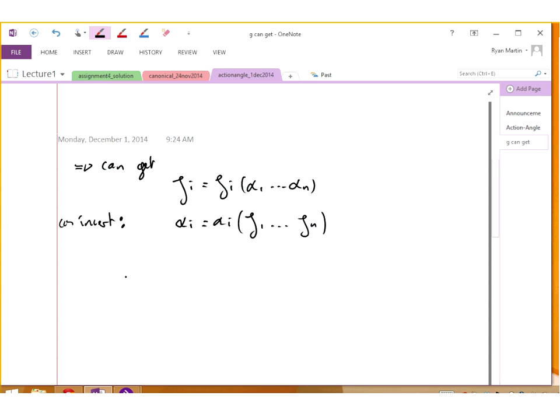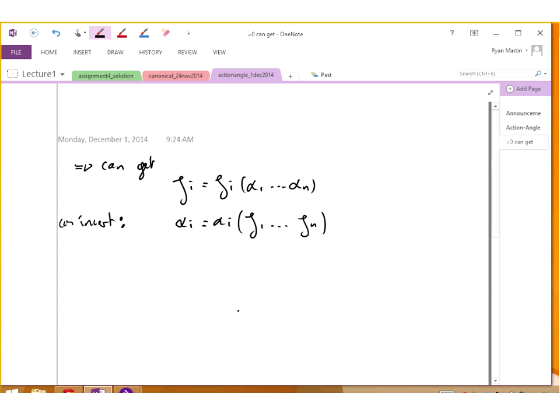And so we can rewrite the characteristic function, which was W of the q_i and the alpha_i, as the function W of the q_i's and the J_i's, because we know what the transformations are between alphas and J's.